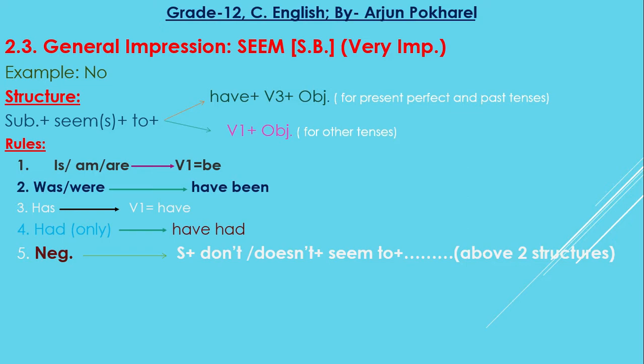But if the question is in past tense, never use did not here. You always have to use subject plus don't or doesn't plus seem plus to, plus the above structure, meaning have plus p3 plus object or v1 plus object. Okay, these are the negative structures.